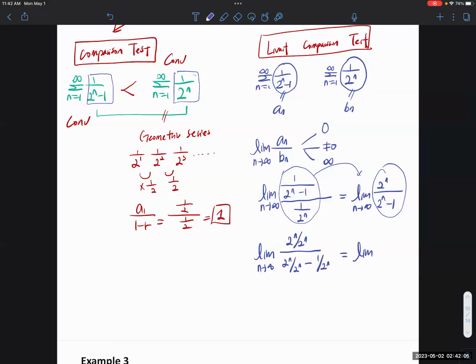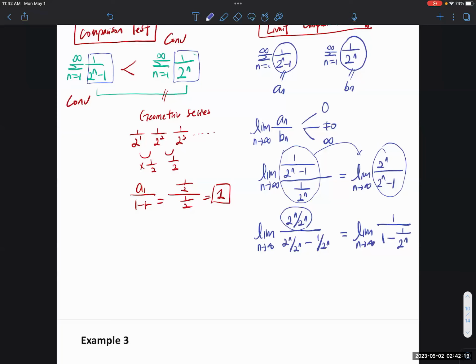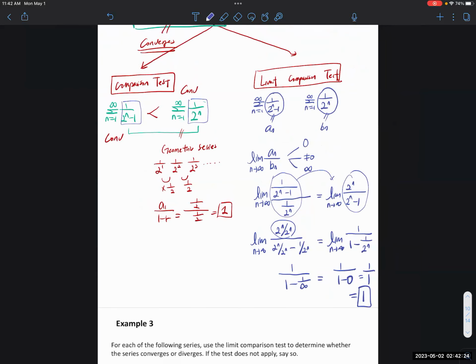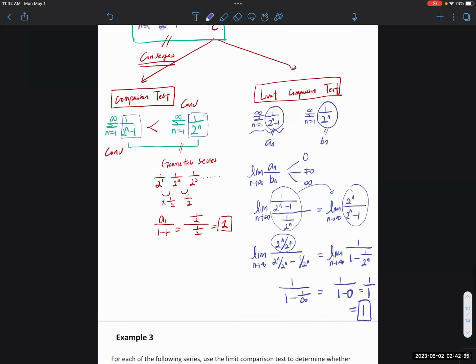So the limit is going to be 1 over 1 minus 1 over 2 to the n, as n goes to infinity. 1 over 1 minus 0 is 1 over 1, which is 1. So you have the same answer. The limit comparison test indicates that the series we are looking for also converges. So this converges.